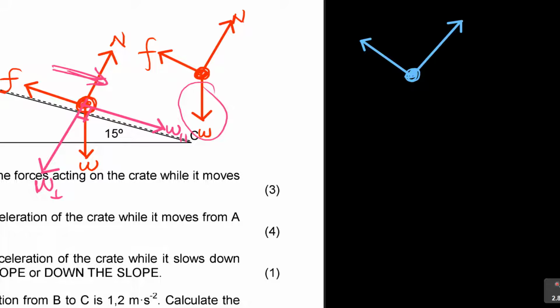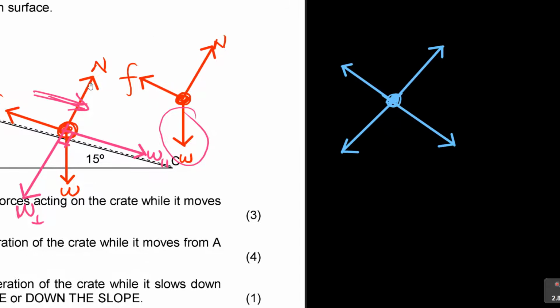It must be in a straight line with the friction, like that. And then this one must be in a straight line with the normal. So your diagram can still be like this, with your normal, your weight perpendicular, your weight parallel, and your friction. I prefer this diagram because all your working will be based on the second diagram. You'll see what I mean.